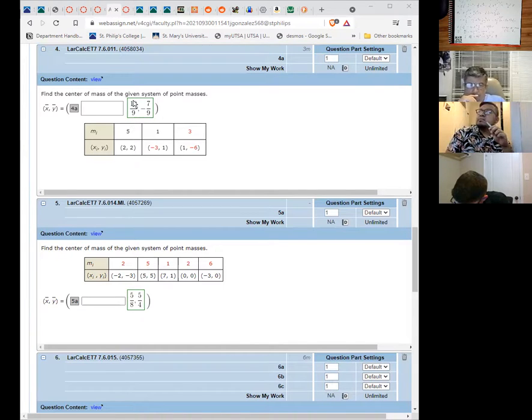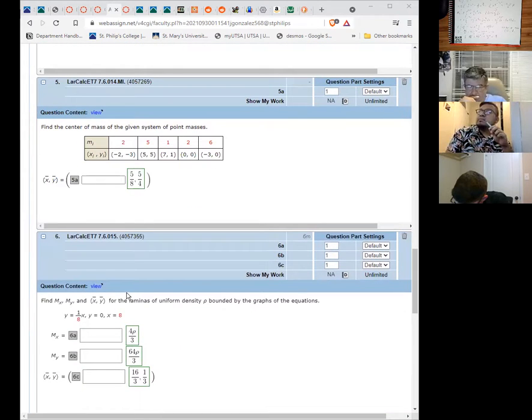That's how you get the 10/9 and the -7/9 by just adding those up. Same thing here. It's not difficult. Just multiply the corresponding masses times the x's for the x bar, and the mass times the y's for the y bar. That's all we're gonna do.